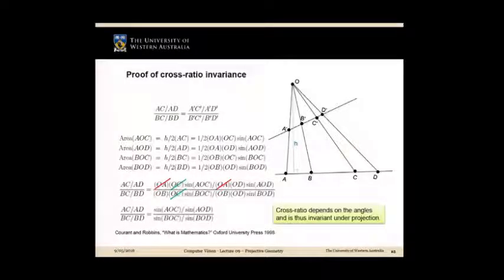At the moment it's just tilted there, but you can put it anywhere in front of these lines and take the projection. Now, I believe you know the area of a triangle. Here we have different triangles. Talking about the triangle AOC, the area of triangle AOC is given by half times the product of two sides and the sine of the angle.